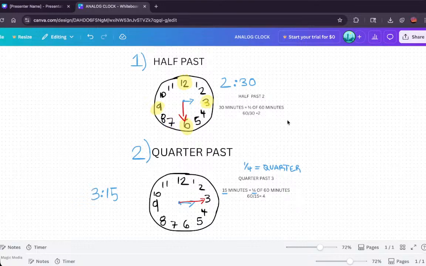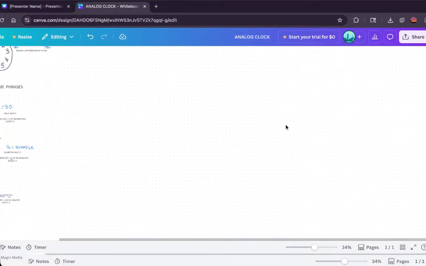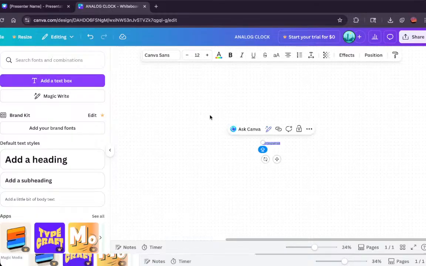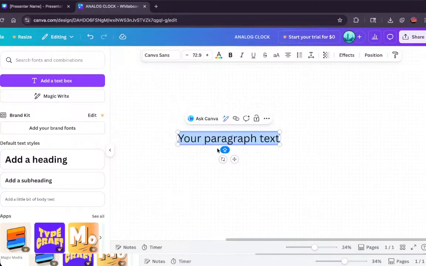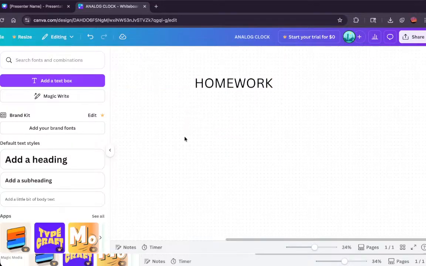So, for homework, I'm going to give you guys a couple of examples of clocks. After today's lesson, you should be able to answer these couple of questions about time.